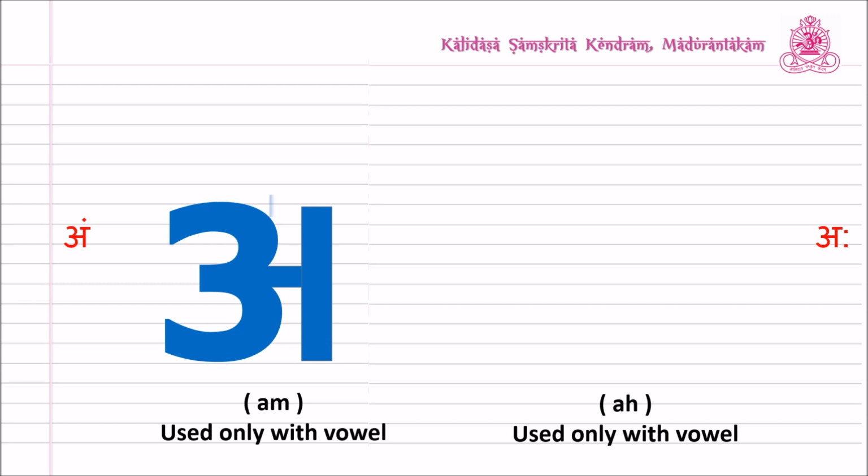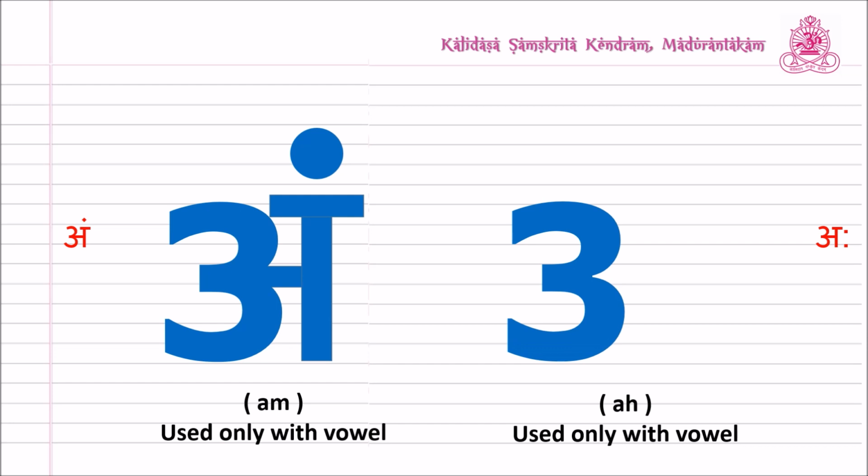This can be used with any vowel, any of the 13 vowels. Im, like that. Am, ah, ihi. For example, we have given here only a. We can use it with any vowel.